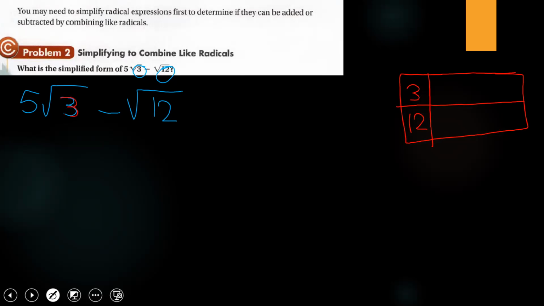Let's make a table here, one for 3 and one for 12. Okay? Why 3 and 12? I choose the numbers under the square root.